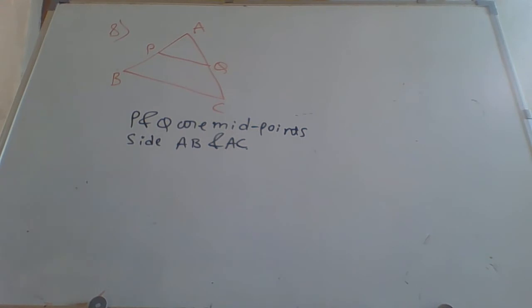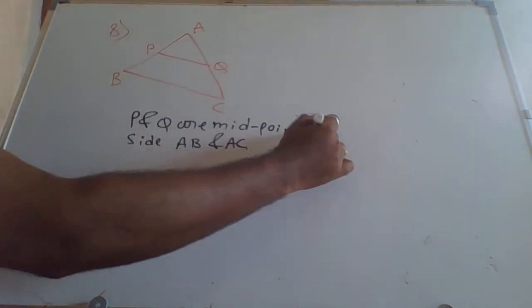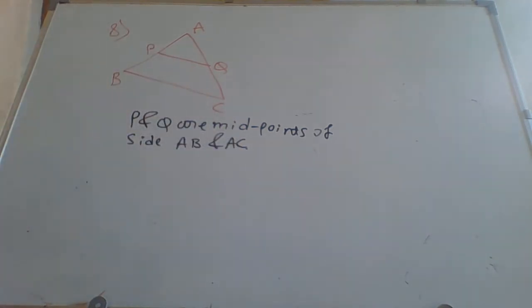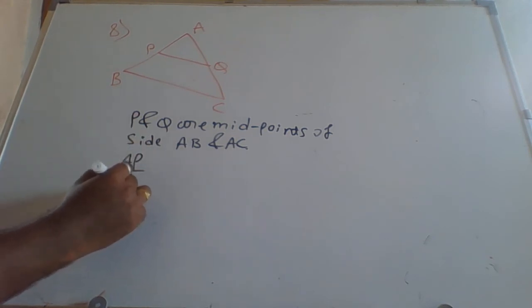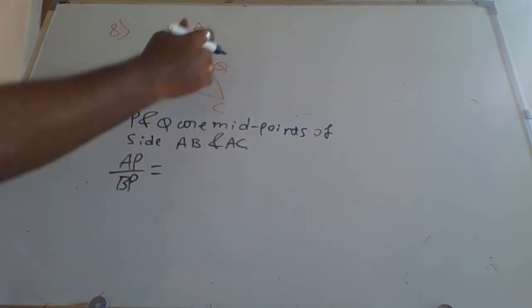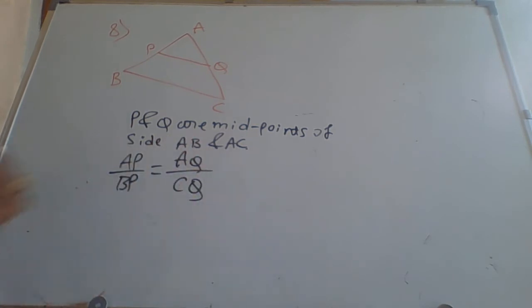So now if P and Q are midpoints of sides AB and AC, then by using the converse of the basic proportionality theorem, we can write AP by PB, or AP by BP, is equal to AQ by CQ. So we have to prove this first.